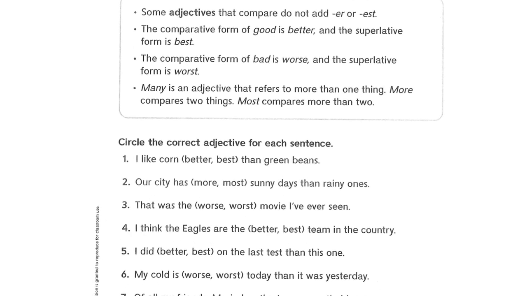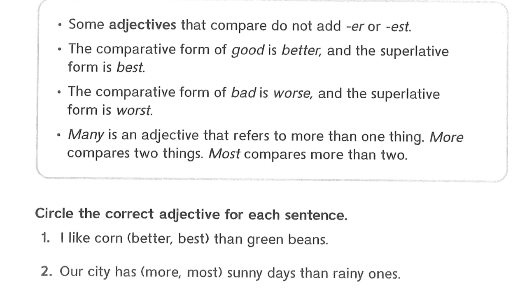As usual, there are some tricky words we need to know about. On this page, it says some adjectives that compare do not add ER or EST. For example, the comparative form of good is better, and the superlative form is best.